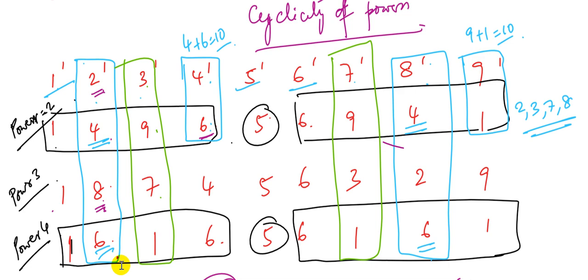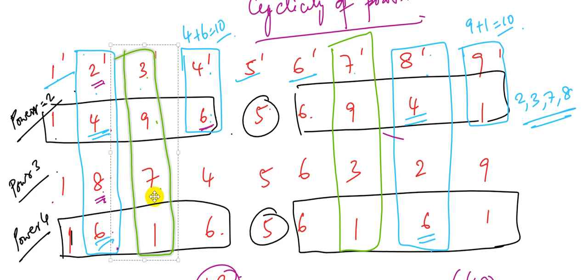Yes, sir. Okay. Similarly, now you look at 3. 3 to the power 1 is 3, 3 to the power 2 is 9, 3 to the power 3 is 27, whose last digit is 7, 3 to the power 4 is 81, last digit is 1. So, the pattern is 3, 9, 7, 1.